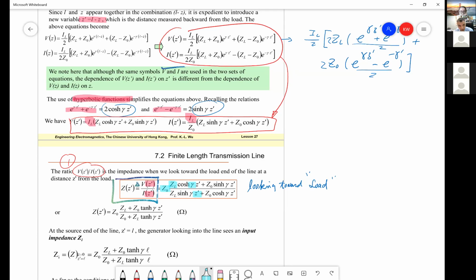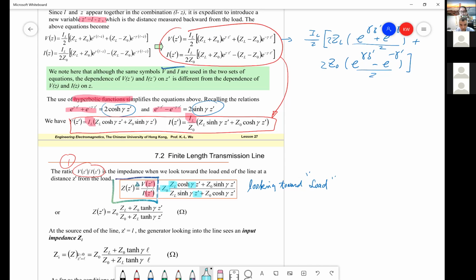This may be the first time for most of us to hear that impedance changes with location. Impedance changes with location, okay, because this is a concept only for high frequency, only for transmission line problems. For an ordinary circuit, we never had such problems.